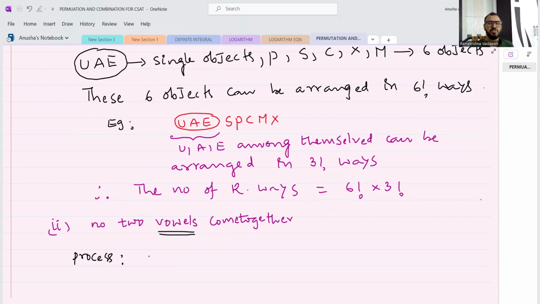So exclude restricted objects, and arrange the non-restricted objects.